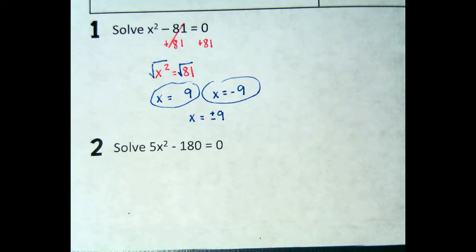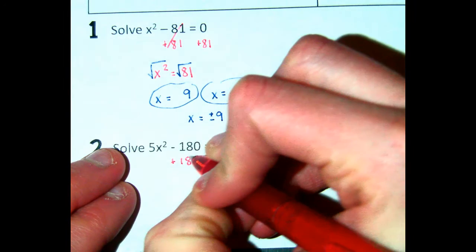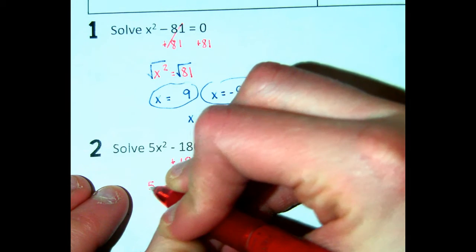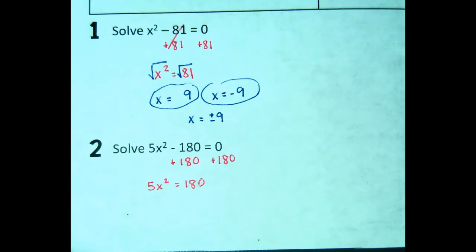Alright, number 2. How do we isolate x squared? Add 180, okay. So 5x squared equals 180. Then what?